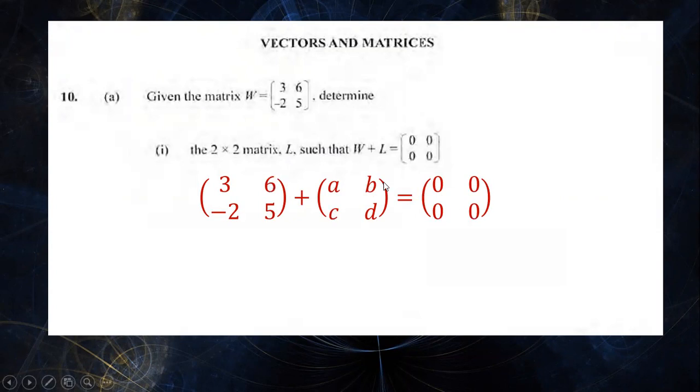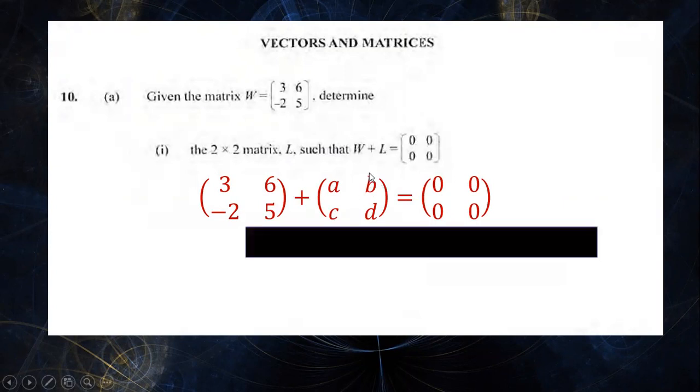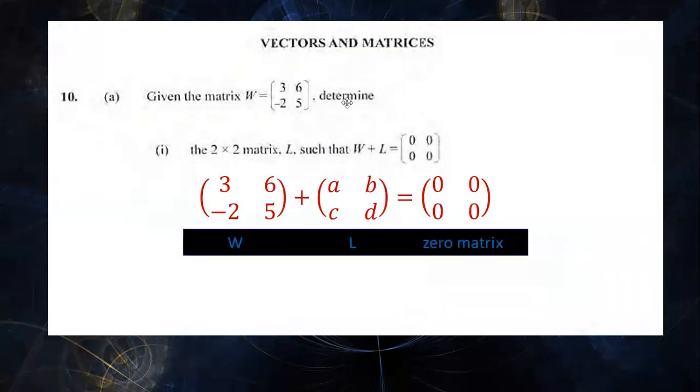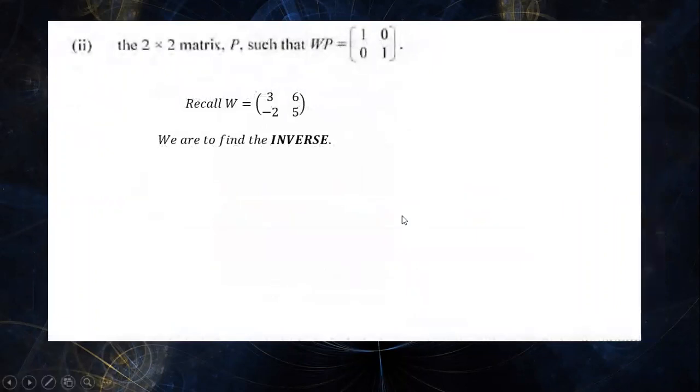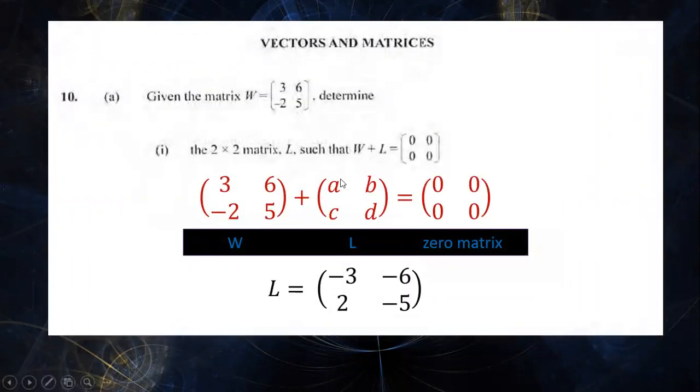So this is going to be W, this is going to be L. 3 plus E is equal to 0. Therefore, E is going to be equal to negative 3.